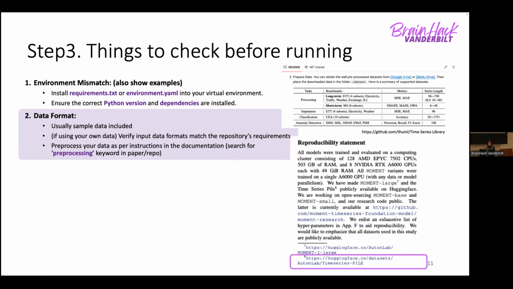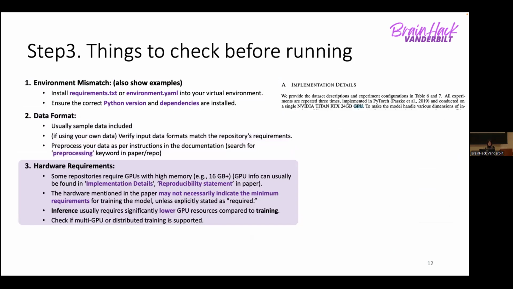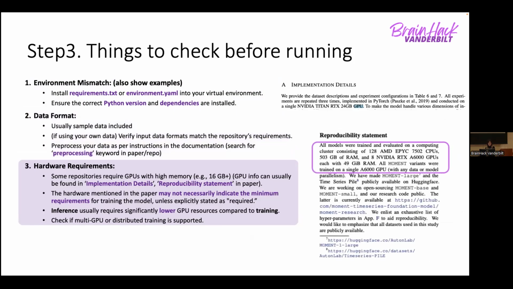Third, the hardware requirements. Some repos might require GPUs with very high memory or multiple GPUs, so make sure your machine can support this kind of training before you start.